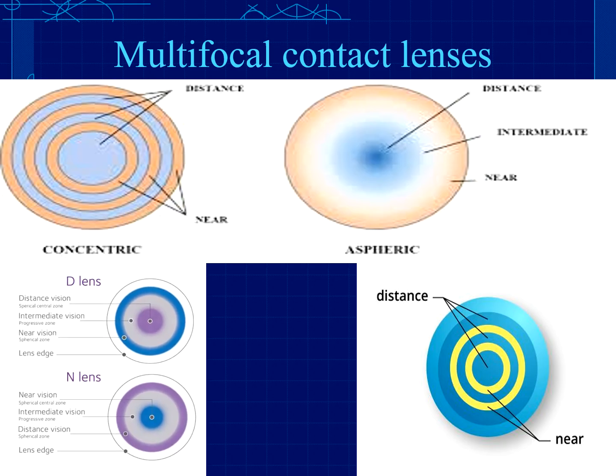D lenses are a kind of lens in which the center part is dedicated to distance vision, gradually the intermediate part of the lens is used for intermediate vision, and the periphery of the lens is used for near vision.